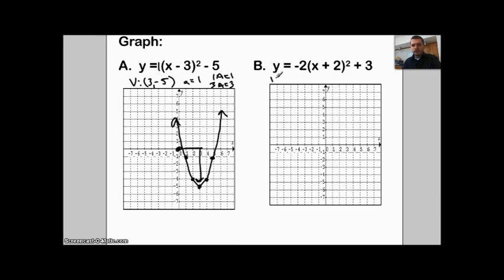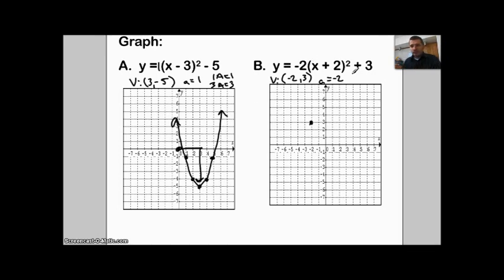In this case, our vertex is, again, inside's opposite, so negative 2 comma 3. You see a is equal to negative 2, so that's going to make our a values a little bit different. We know it's going to be facing down, and it's going to be stretched, because the 2 is greater than 1.